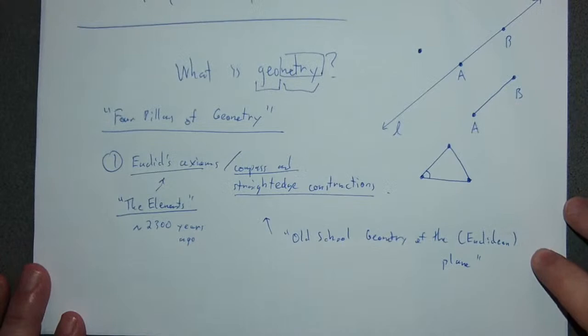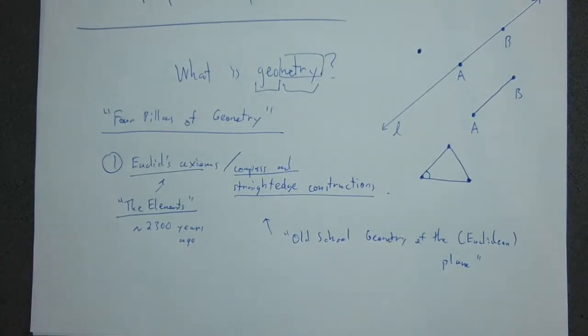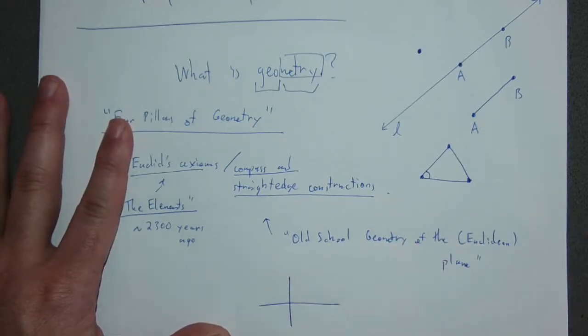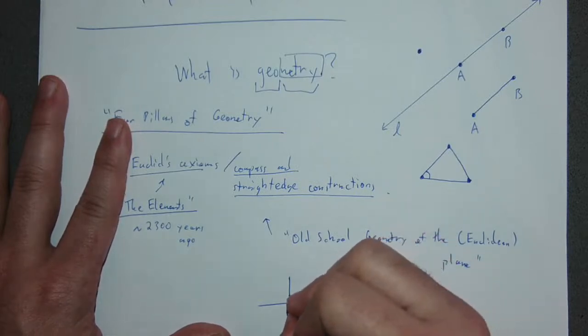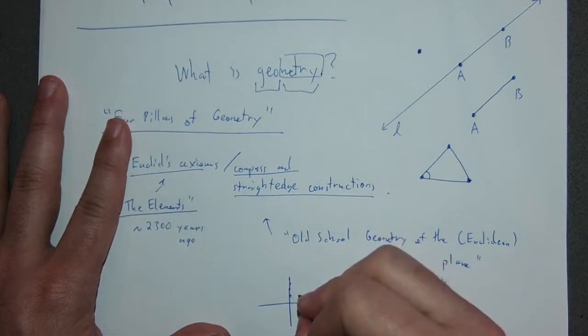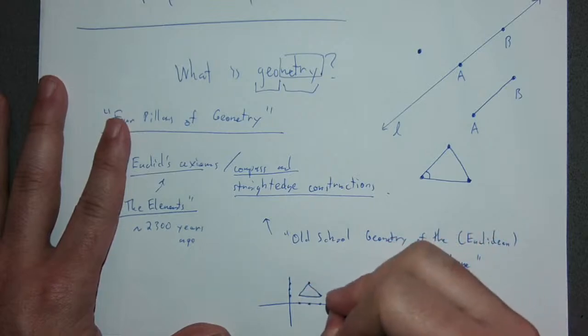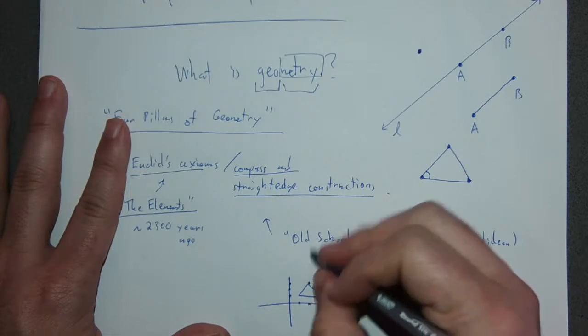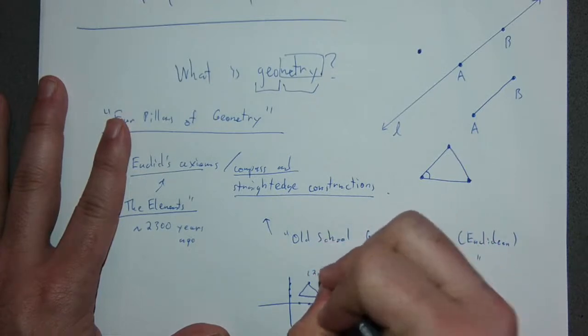Okay, and so when you see those old school geometric diagrams, you are never going to see coordinates, right? So you're never going to see someone marking off some amount of distance on axes here and then plotting points, right? You're never going to see this kind of thing where you have coordinates like, oh, this is (3, 1), and so on.